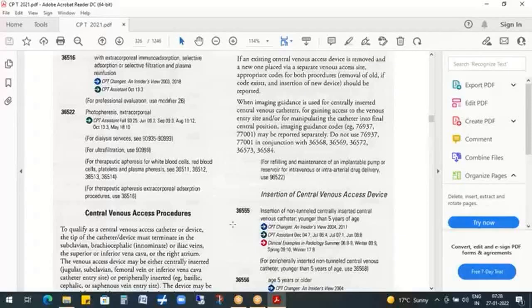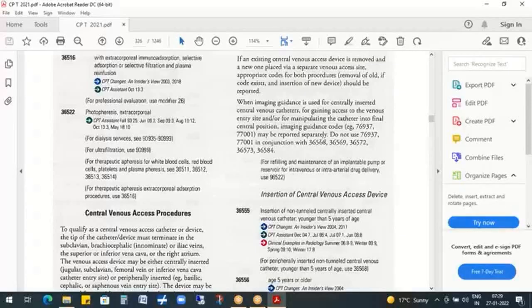Can everyone see the paragraph 3? See the code 36555. Above it there is a paragraph. When imaging guidance is used for centrally inserted central venous catheter, underline that paragraph.